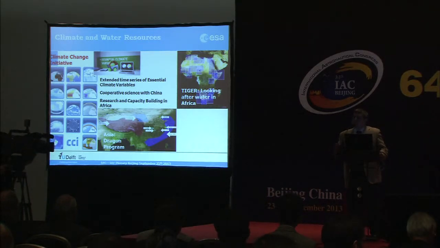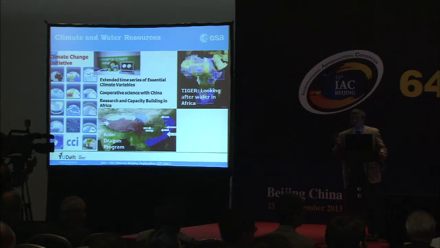On the other hand, the European Space Agency in Africa and Asia has implemented programs, the Tiger program in Africa and the Dragon program in Asia, where the data collected not only by the ESA but also by partner countries and partner agencies are being used in support of understanding of water science and application.